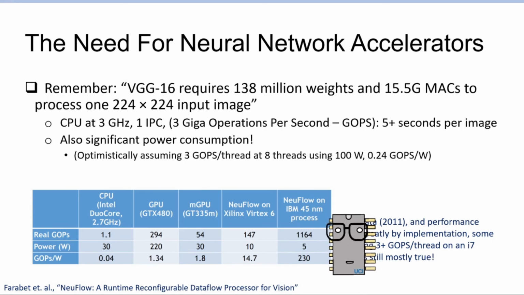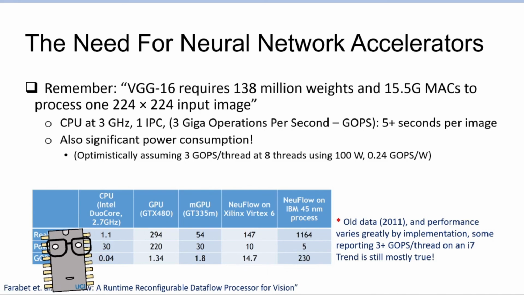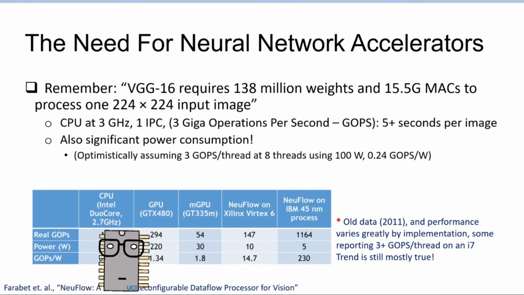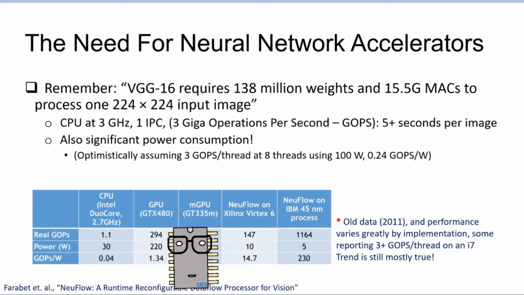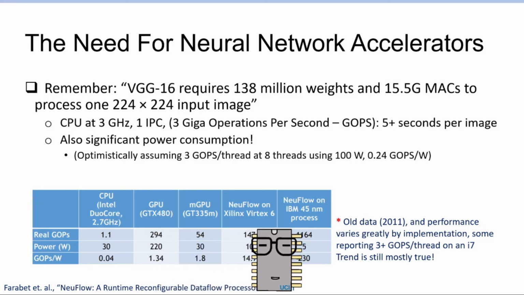These numbers become more valuable when you look at the power consumption. 30 watts for the Core 2 Duo. We know modern processors like the i7s we're running these on consume more than 30 most of the time. The fast GPU consumes 200, the mobile GPU 30, the FPGA 10, and the ASIC just 5 watts.